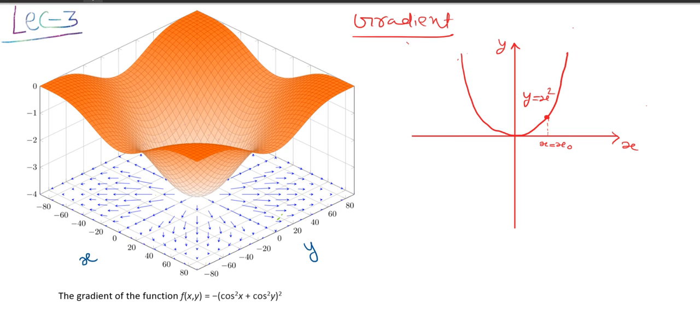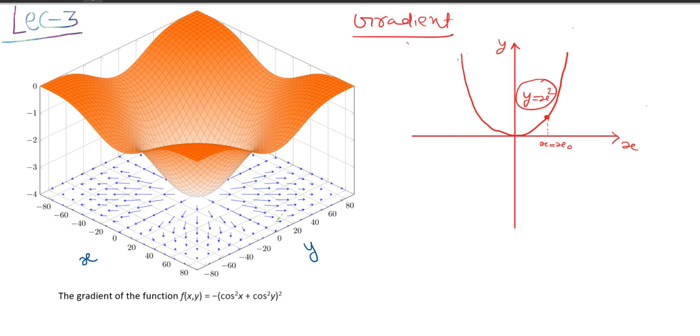So let's say we are familiar with the xy coordinates till now. Let's say we are given some function y is equal to x square, and this is the plot for this y is equal to x square.